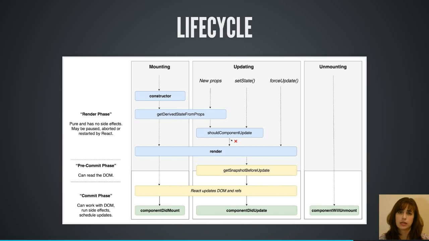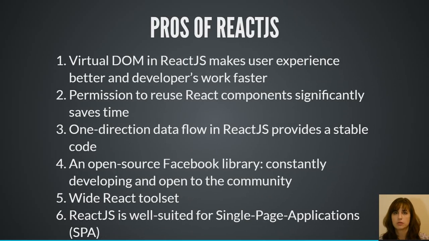In the mounting and updating phases, the render method is required and will always be called. The others are optional and will be called if you define them. The next phase in the lifecycle is when a component is removed from the DOM, or unmounted as React likes to call it. And finally, let's sum it all up and highlight the pros and cons of React.js.